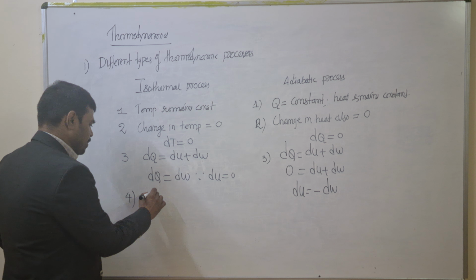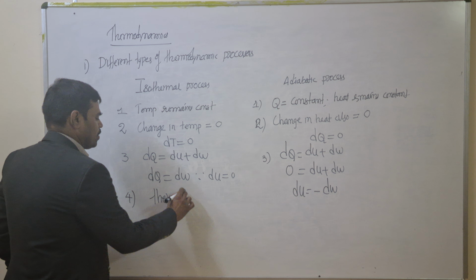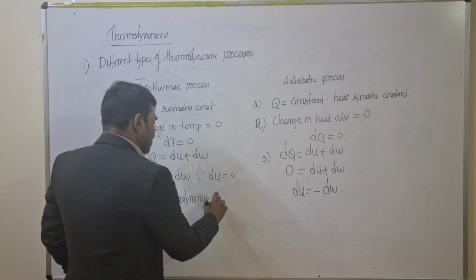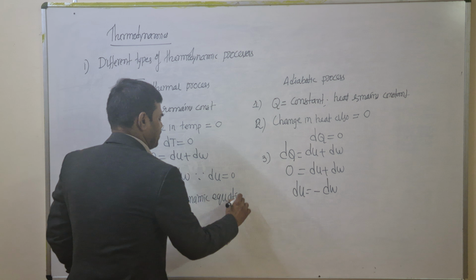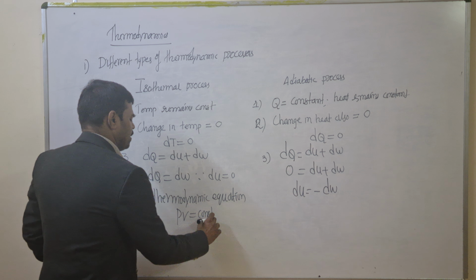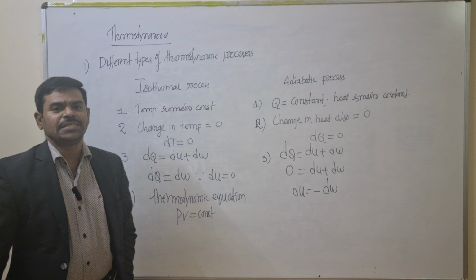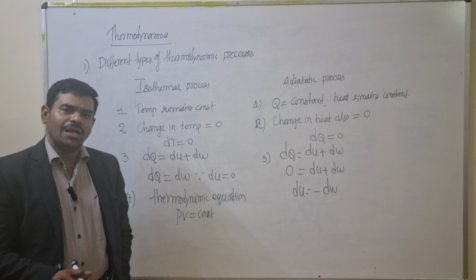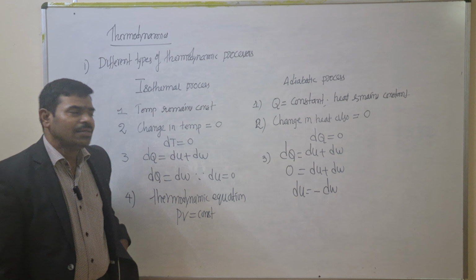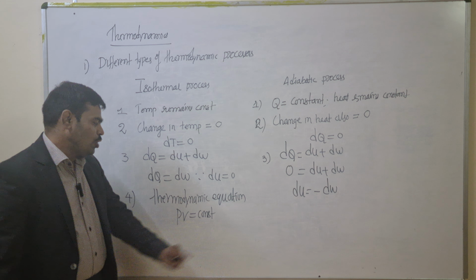The thermodynamic equation is PV equal to constant, that is PV equal to nRT. n is constant for a particular gas, R is always constant, like a universal gas constant, and temperature is constant in case of the isothermal process. So PV equal to constant altogether.